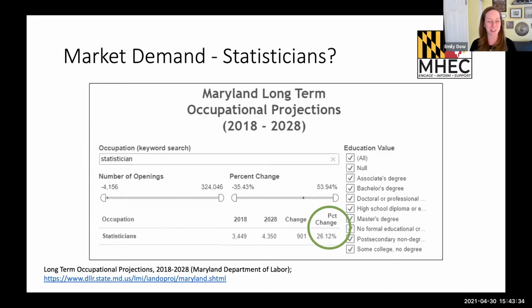And so when we look at categorizations of different employment, really statistician is the one good fit. And so when we look at Maryland projections, there's certainly an increase and there's going to be a demand. They account for about a 27% increase over the next 10 years for statisticians specifically. But I think that this is a floor number.